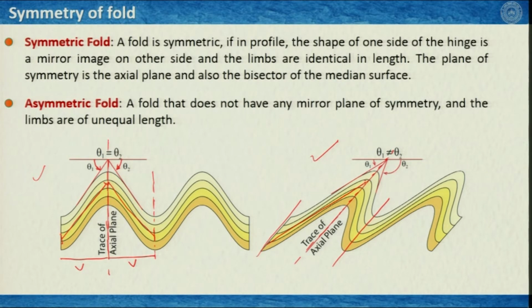You can also see the length of this limb is longer than the length of this other limb, considering it does not have any hinge zone. This angle, if you measure, is theta 1, this angle is theta 2, and in this case theta 1 is not equal to theta 2. So, this is how we define the symmetric fold and asymmetric fold.